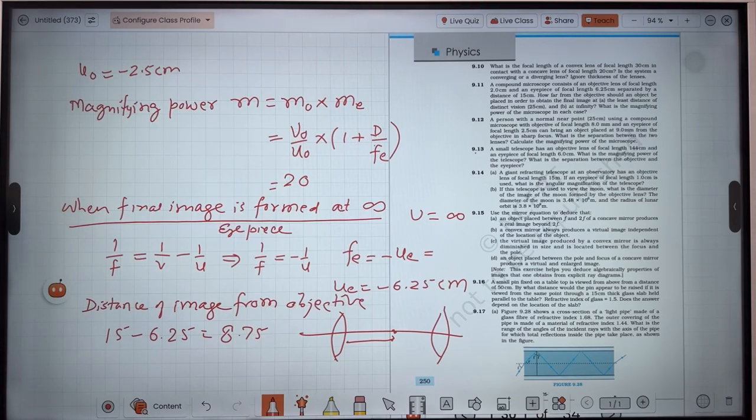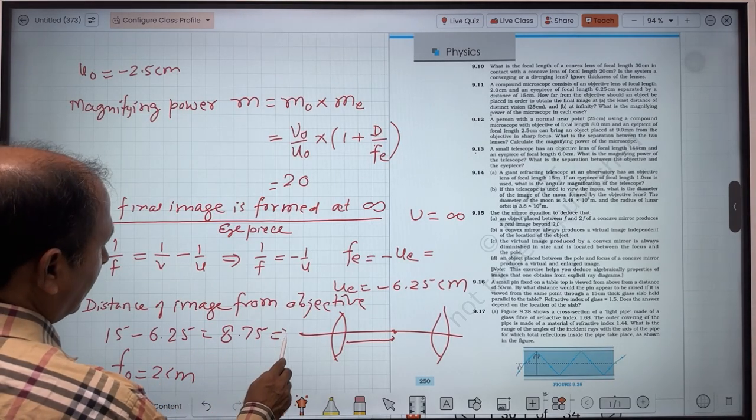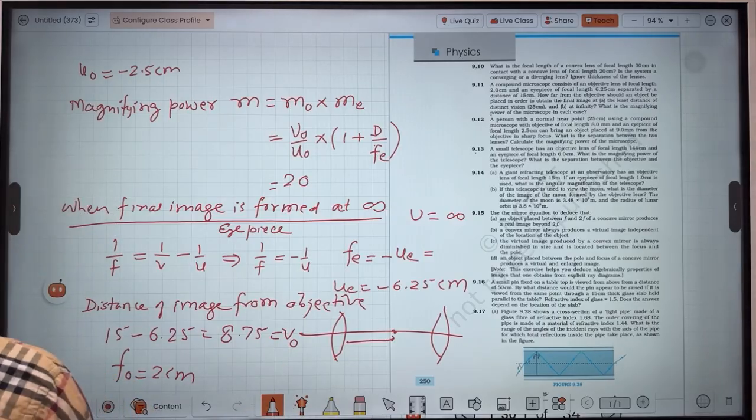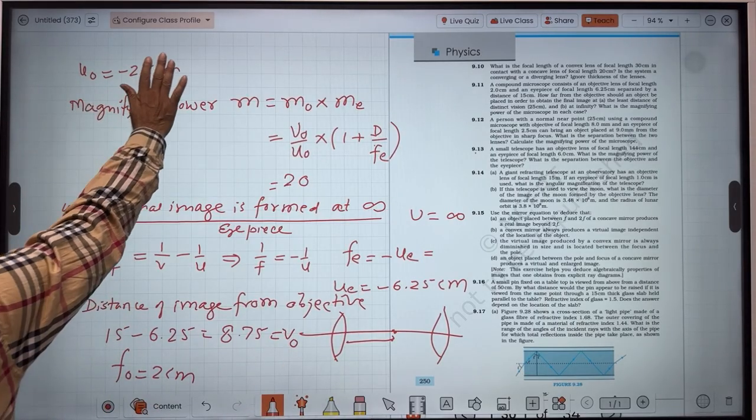Now we are given FO equal to 2 cm and this will be VO, right? So we have to find out UO.